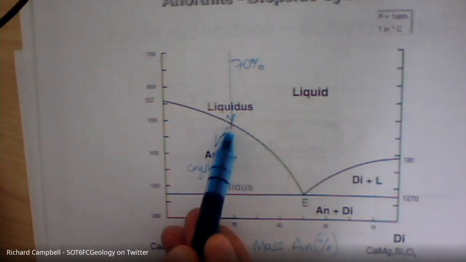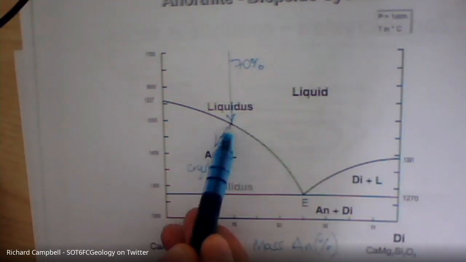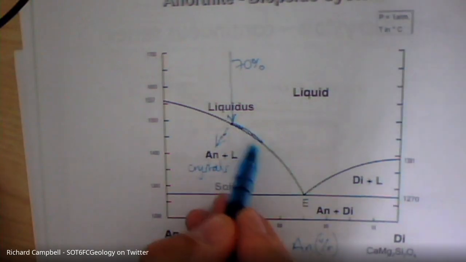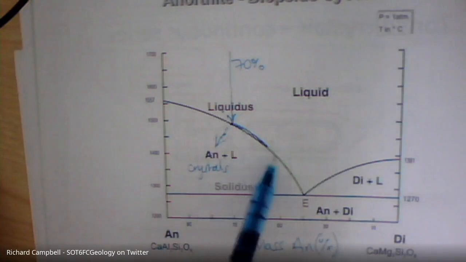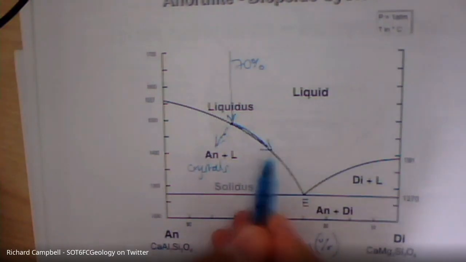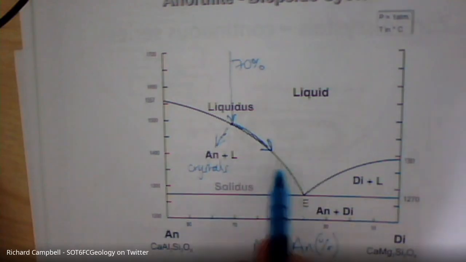Now what happens is, because the anorthite is crystallizing, the liquid becomes depleted in anorthite. So that's why we follow this liquidus here. And as it gets depleted, you see the percentage of anorthite less and less.